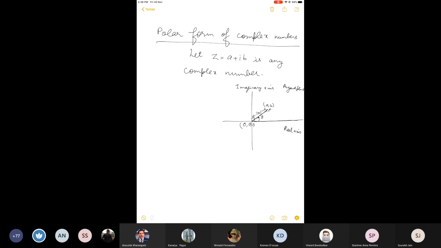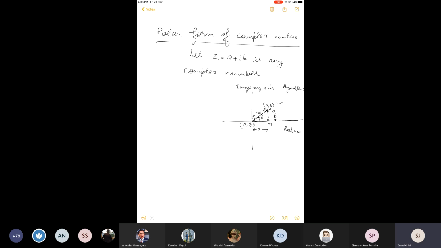Okay, these two things. Now what we are going to do, we are going to drop a perpendicular from P to this real axis. Let's say this point is M. Now all of you are familiar with plotting a point. So if this point is a comma b, then OM should be equal to a and PM should be equal to b. That is why the coordinates are a comma b.